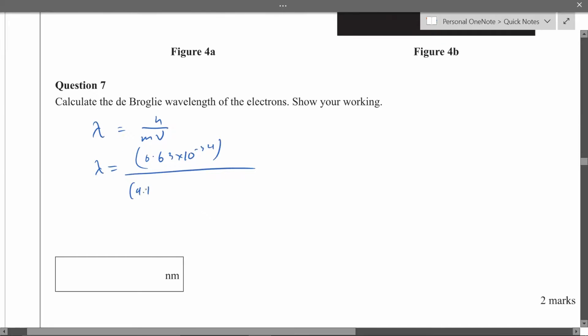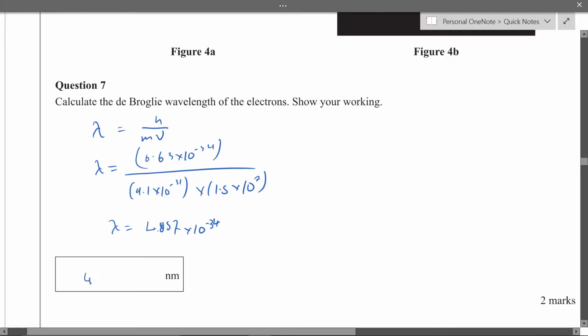So 9.1 times 10 to the negative 31 times 1.5 times 10 to the 7, and you get 4.857 times 10 to the negative 34.